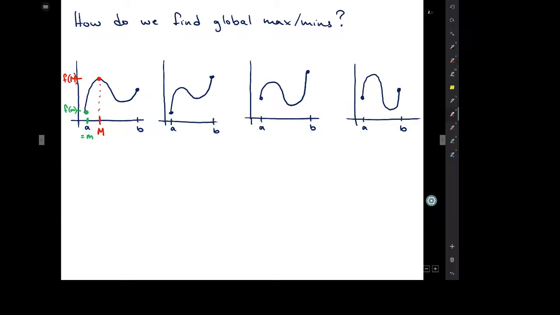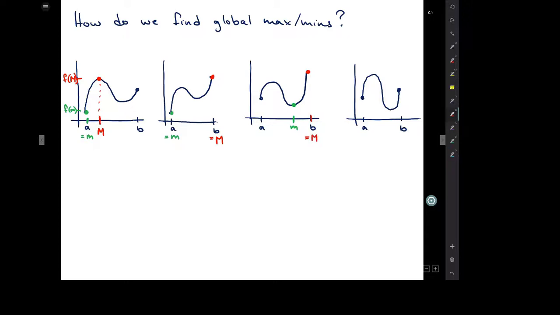Now in the second picture, we can see that the maximum occurs at b and that the minimum occurs at a. In the third picture, we can see that the minimum value is at this point, and the maximum value is again at b, right there.